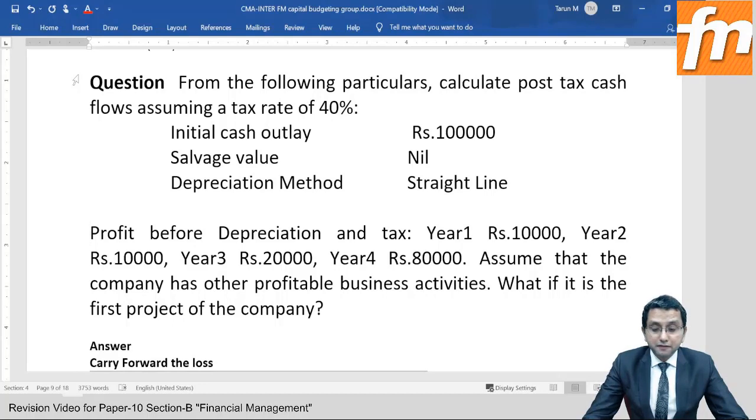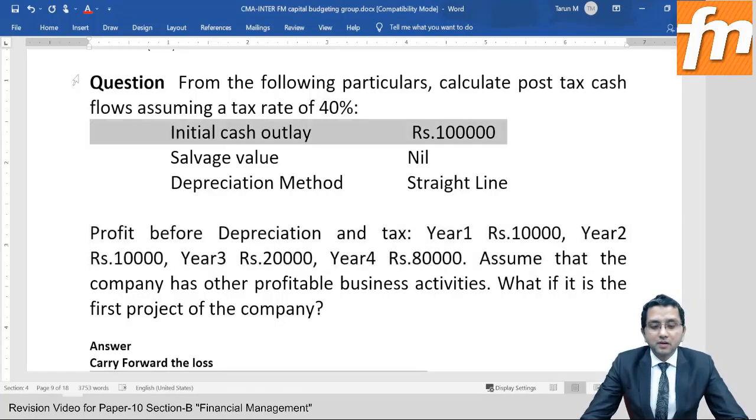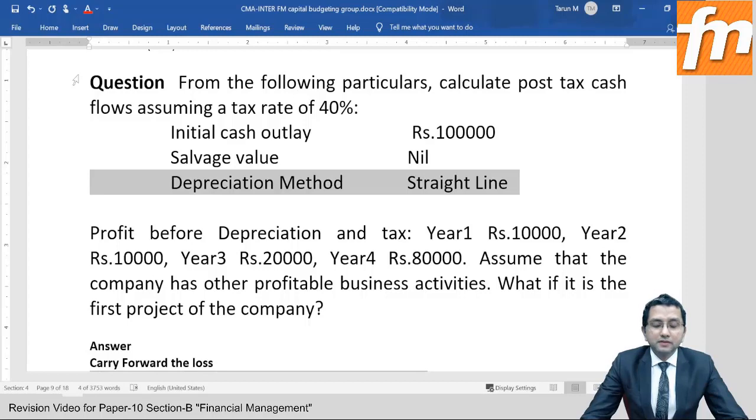And life, look here, cash flows are given for 4 years. It means that life is 4 years. So 1 lakh minus 0 divided by 4 gives you depreciation of 25,000 rupees. Here the question itself is guiding straight line method. If the question is silent, you will obviously assume SLM.